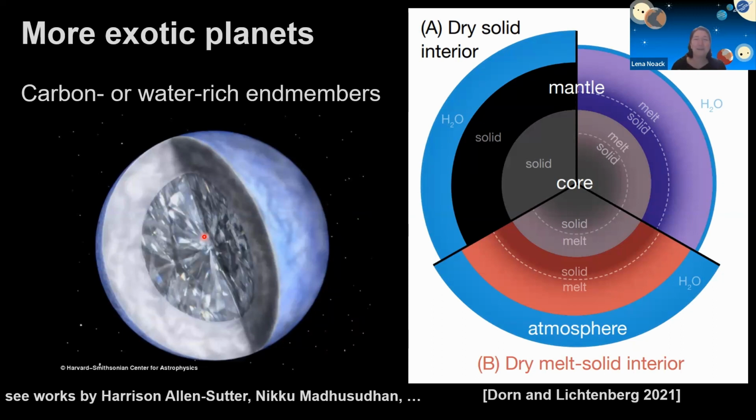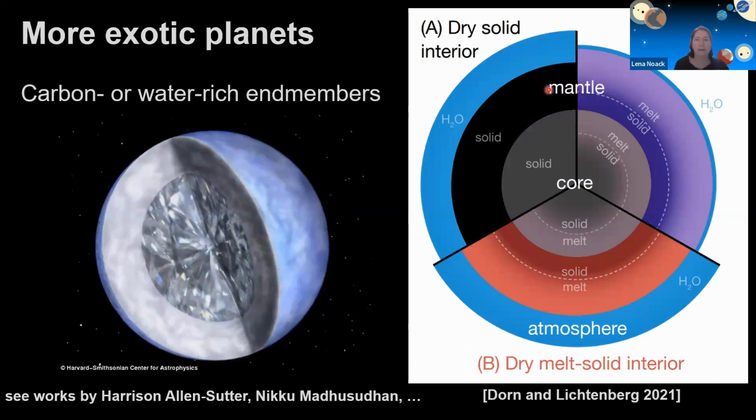We can also have very water-rich planets, in which case, instead of separated layers, like what I just mentioned before and what I'm going to assume here today, we may have water mixed with melt, and so the interior structure and also the surface conditions would be quite different than in these more simplistic models. We don't really know how long such a state could actually be valid.